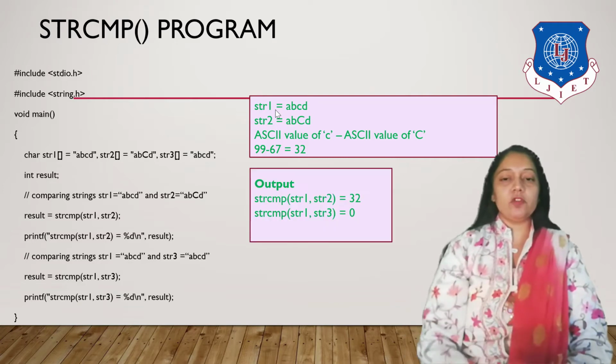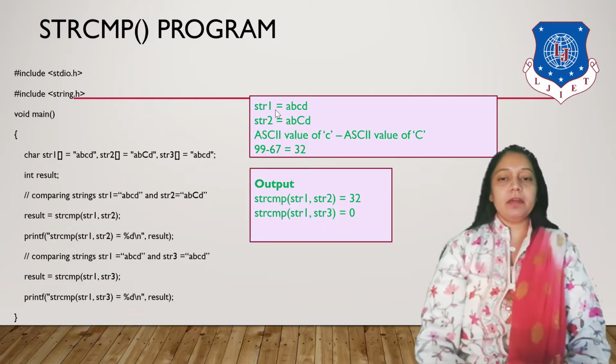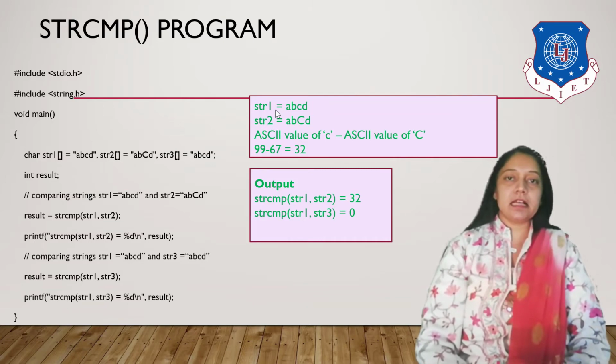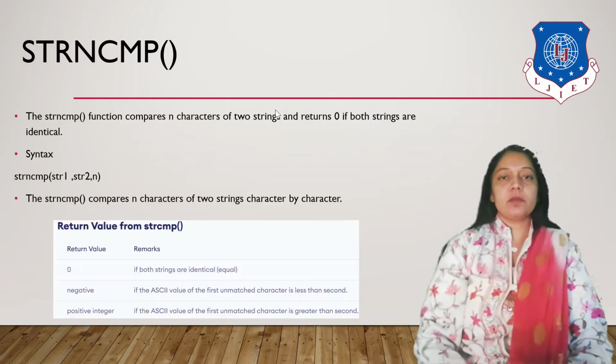When I display the output of this program, I'll get two outputs. When I compare str1 comma str2, I'll get the value 32, that is the ASCII difference between the two. And when I compare str1 comma str3, I'll get the value 0 because all the characters are exactly the same. So this was about string compare.